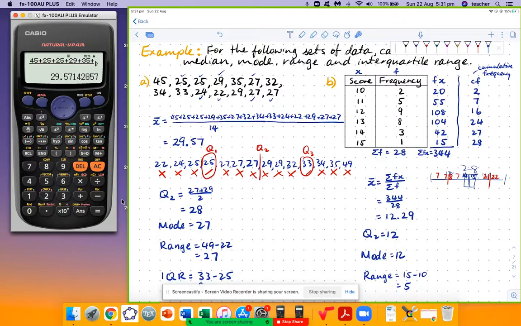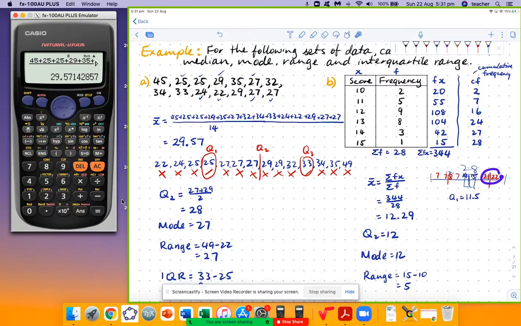So if we look at our cumulative frequency, we can see the 7th score is 11, then the 8th score is going to be 12. So when we work out the lower quartile, Q1, it's going to be halfway between 11 and 12. So Q1 is going to be 11.5.